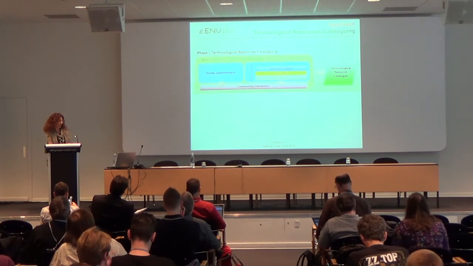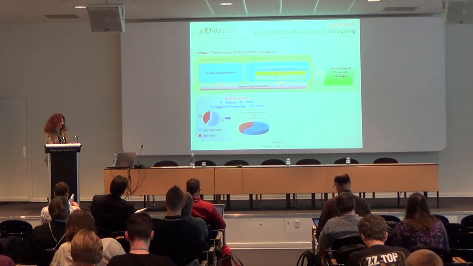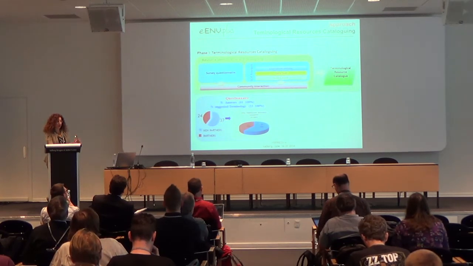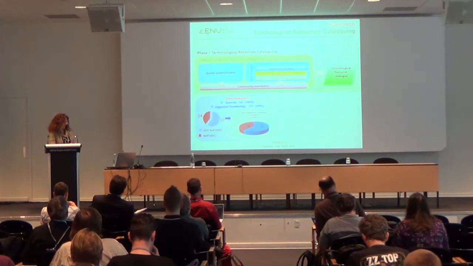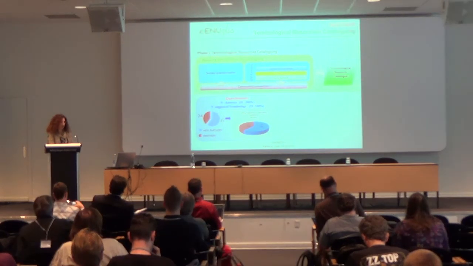So the terminology source cataloging is a multi-step process where we identified the resources in different ways. We started from an online questionnaire that was developed and distributed not only among the partners of the project, most of them national European Agencies for the Environment, but among all the community working in the environment, at least those that we could reach. We got 61 answers, and 23 terminologies were provided.